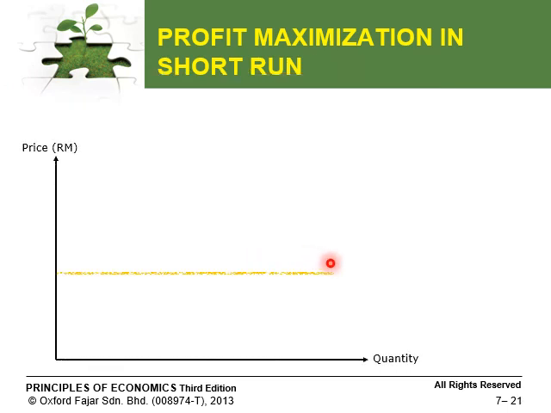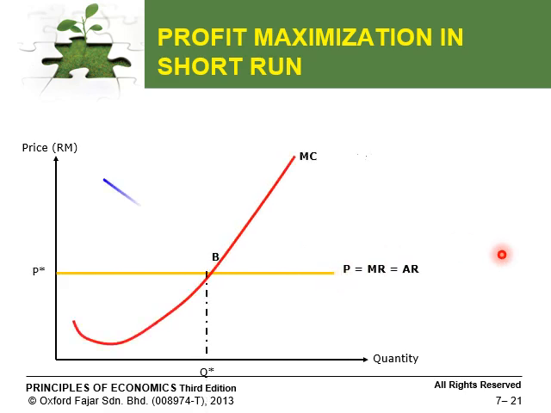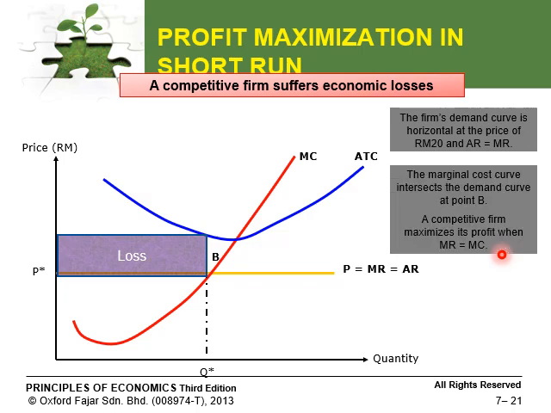The third condition in short-run profit maximization is loss. This is the condition where the firm isn't making any profit, in other words an economic loss or sub-economic profit. You can see how they lose and could not even make a profit in this situation.